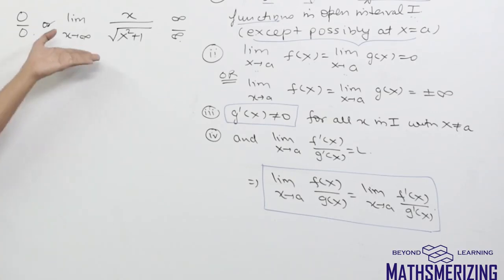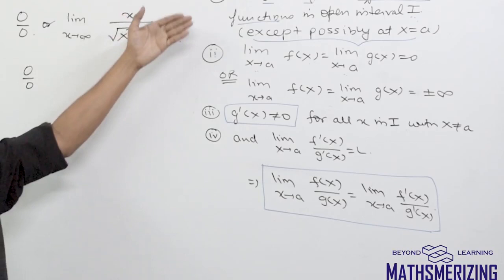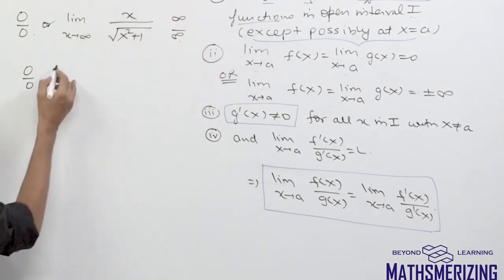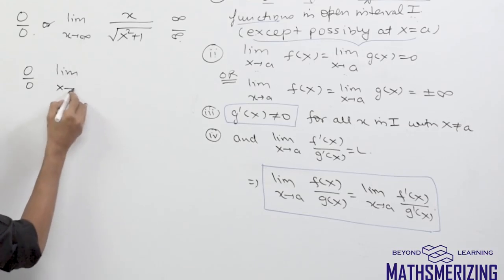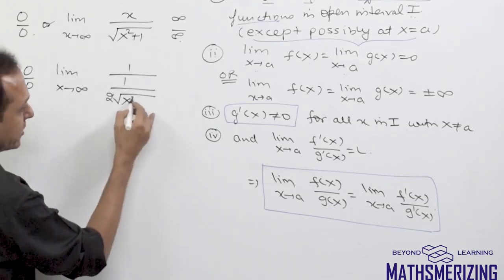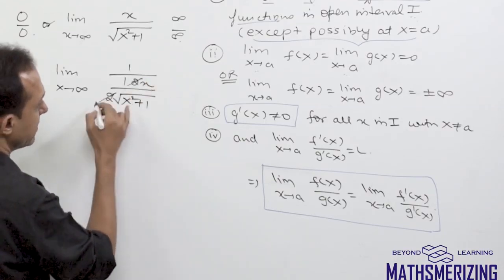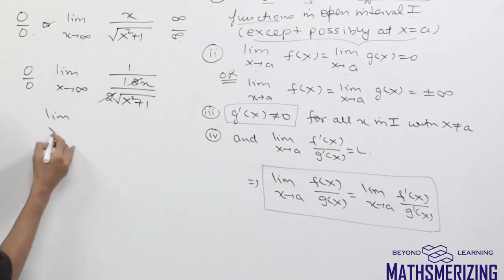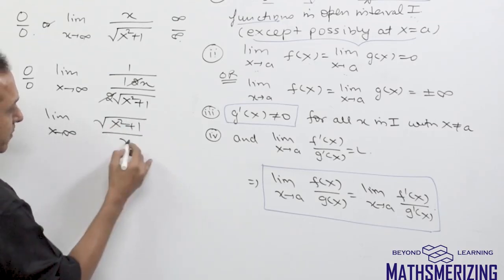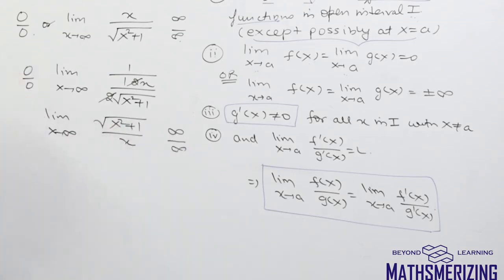Same is true with the second example also, which is infinity upon infinity form, differentiable also, and the denominator is not equal to 0. So if I differentiate, I'll write limit x tends to infinity 1 upon twice under root x square plus 1 into 2x, which is limit x tends to infinity under root of x square plus 1 upon x, which again is infinity upon infinity form.